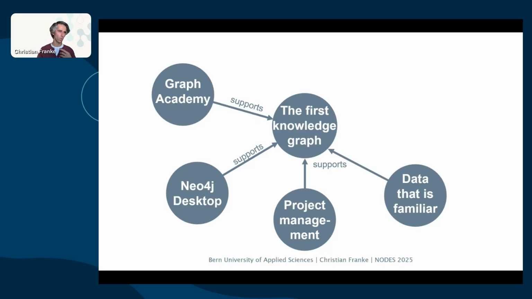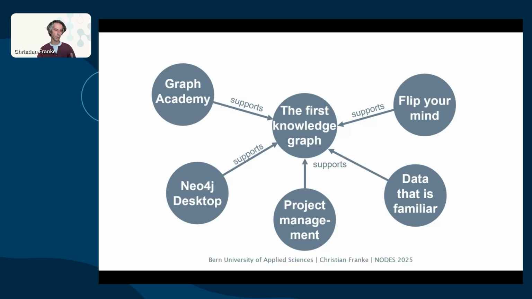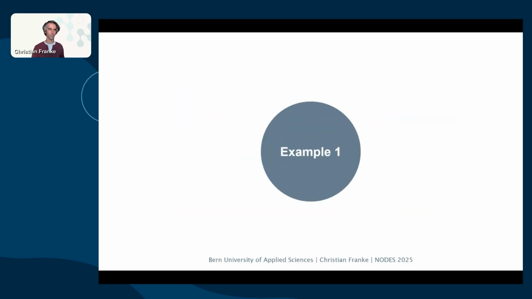For me, it also was important to start with the data that I know, because it was easy for testing, it gave me confidence, and it was a quick success. And of course, take care, you probably have to flip your mind. You have to flip the way you think about data. Okay, so now let's dive into the examples.